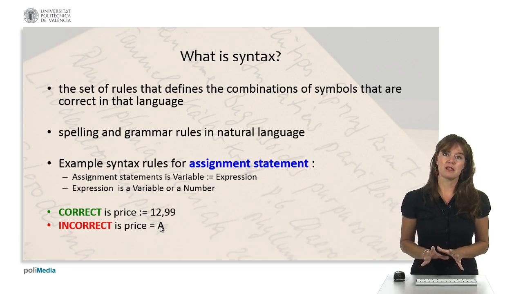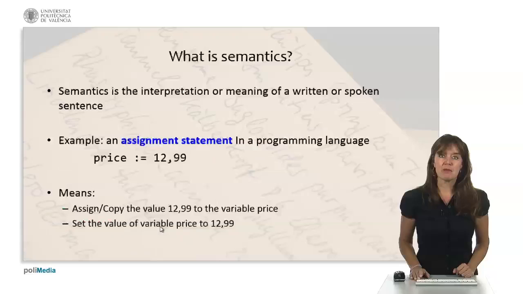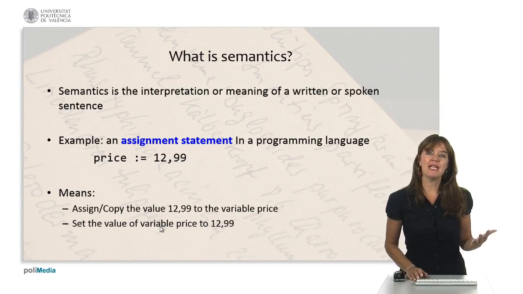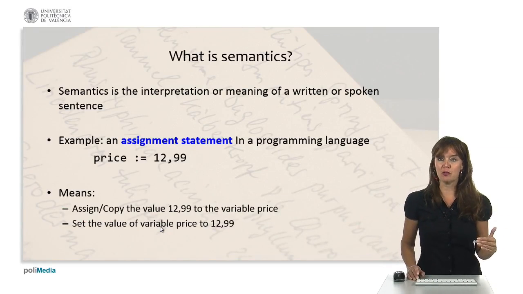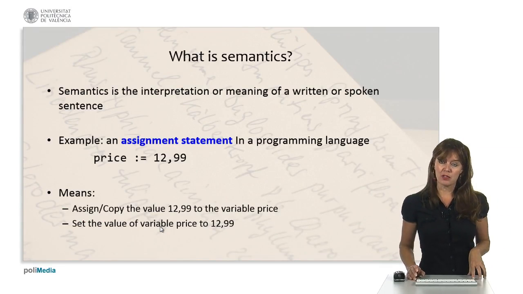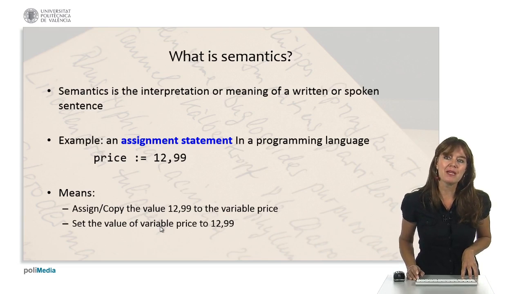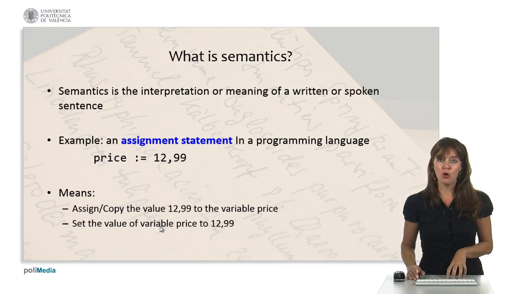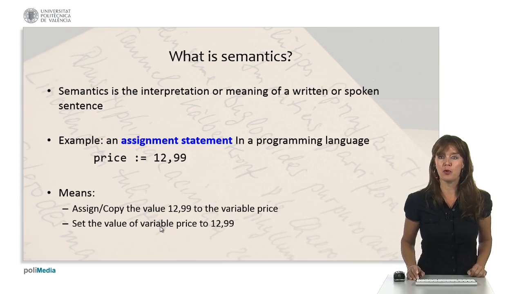So this is syntax. What is semantics? Semantics is the meaning or interpretation of all the statements that you can write. So we have seen how we can compose an assignment statement correctly. Now we look at what it means. What does it mean to say that we want to do price, colon, equal sign, 12.99? Syntactically, it's correct.